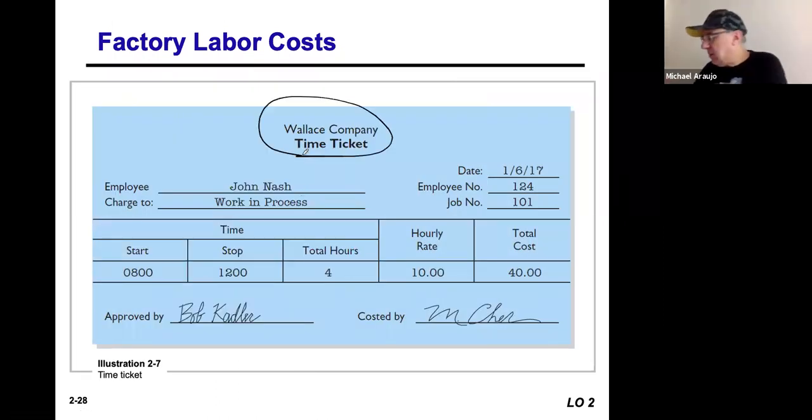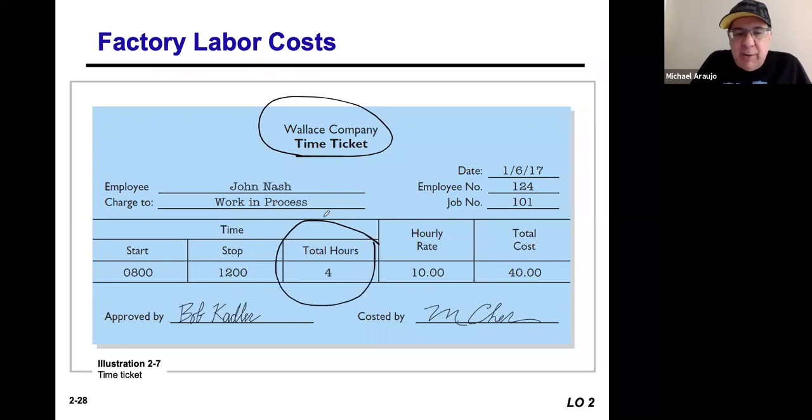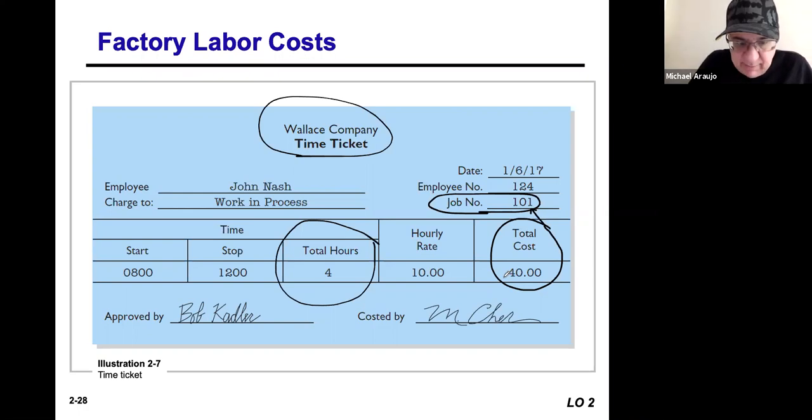So this is at the bottom of page 55, showing that the employee, John Nash, worked 4 hours on this particular job, number 101, right? At a rate of $10 per hour, the total labor cost that needs to be assigned to job 101 is $40, okay?